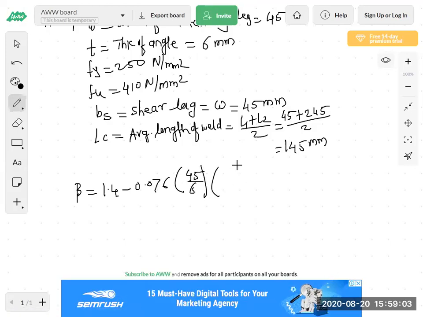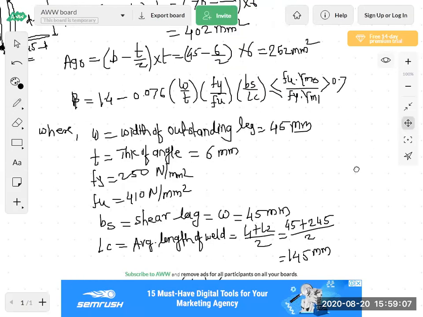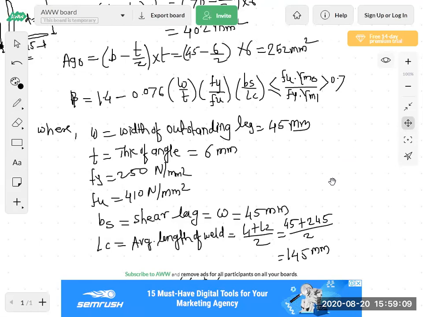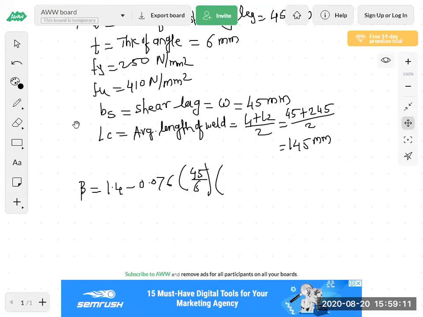Next, Fy divided by Fu. Fy is 250 divided by Fu. Fu is 410. Then next is Bs upon Lc. So here Bs is 45 mm. Then Lc is 145. How much this value?